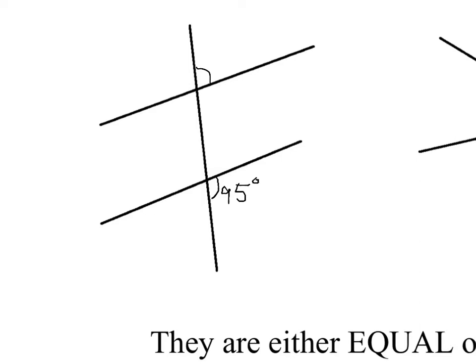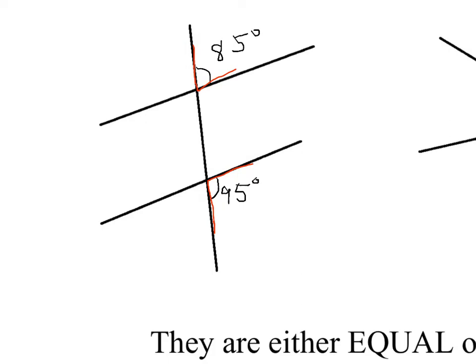We can look at the angle in the upper right and just visually we see that it is acute, whereas the 95-degree angle is obtuse. That means those two angles are not equal. In other words, they must add up to 180. That allows us to label this angle as 85.